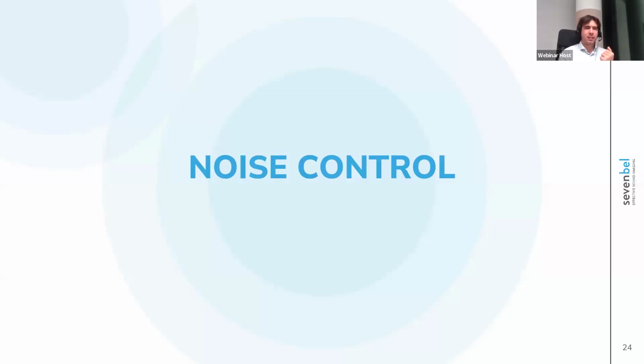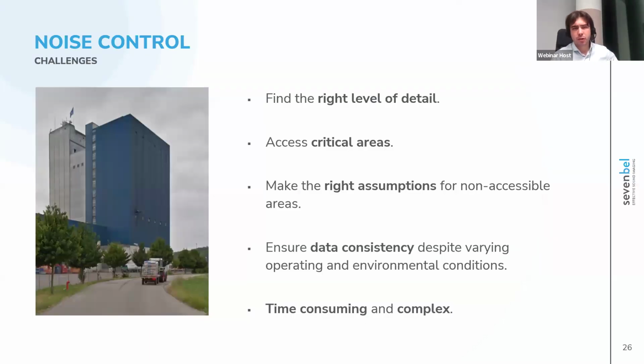Okay, let's see another example, this time related to noise control, specifically industrial noise control. Some of the challenges that we typically face when creating a model of a certain plant or industrial area is to find the right level of detail, meaning create a model that represents reality well and accurately, but that is not overly complex, that does not take an eternity to create, and too many measurements to fit the data into the model.